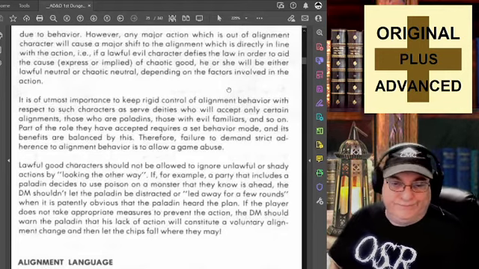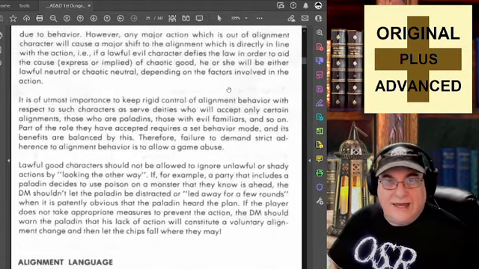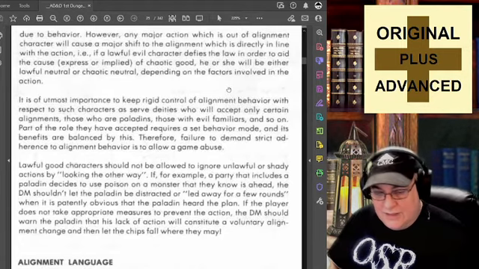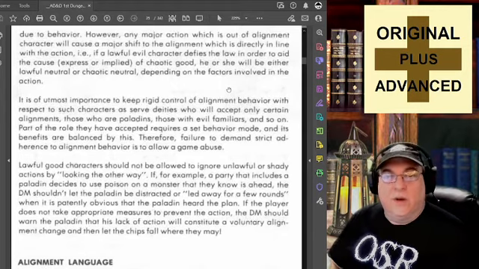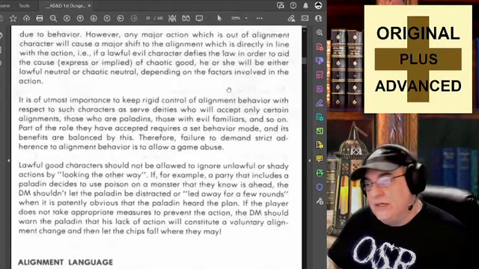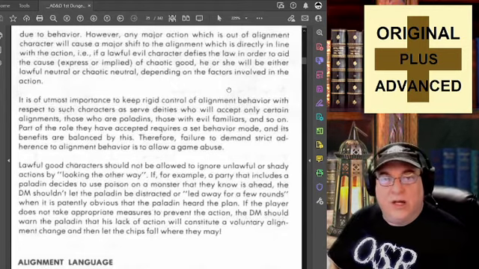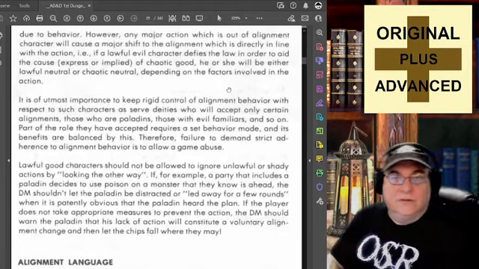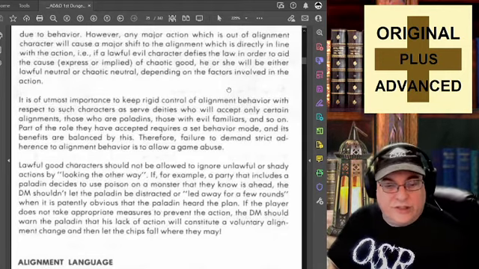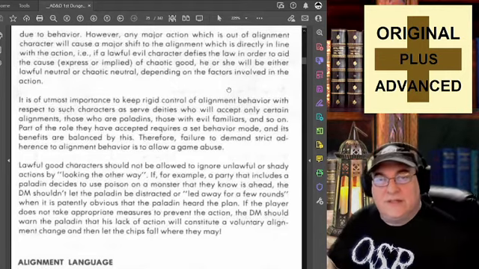But sometimes you've got to say, in my case, I say that alignment tracks what people do, not the other way around. Nor does it necessarily need to be a badge you wear on your chest or on your sleeve that says, "Hey everybody, I'm this."